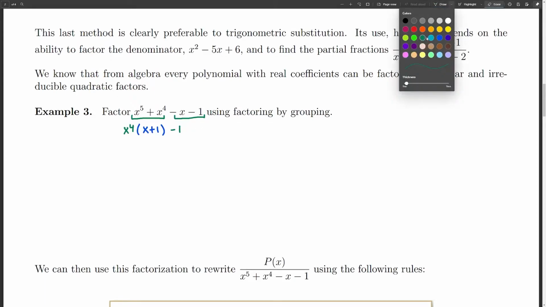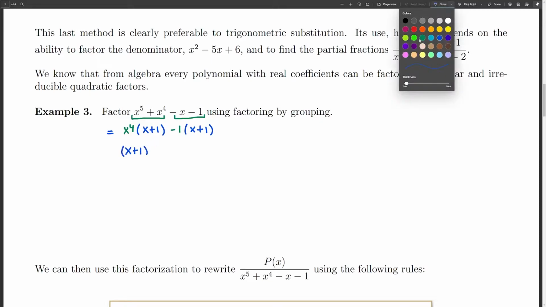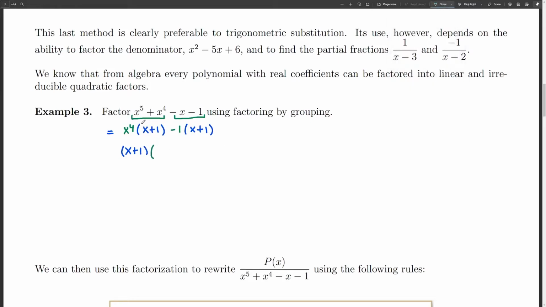So what this allows us to do is to factor out the x plus 1 in both of these terms. If we factor out an x plus 1 for the first term, we're left with x to the power 4.